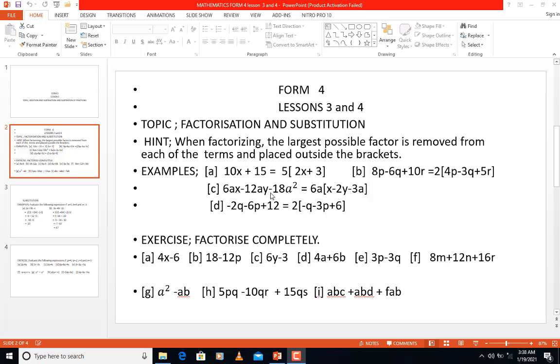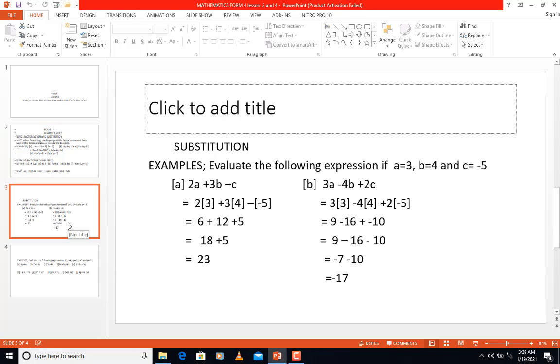So you need to factor out in terms of numbers as well as in terms of letters. It gives you the possible factor. That is how we do what we call factorization.